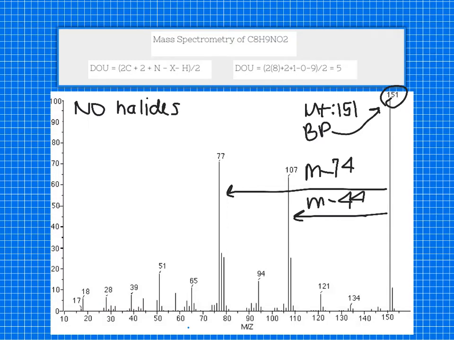These don't directly line up with anything on our chart for fragmentation patterns, but most likely what's left over after that fragment is the benzene ring that is most likely in this molecule. I know this because the 77 indicates the molar mass of the benzene ring.